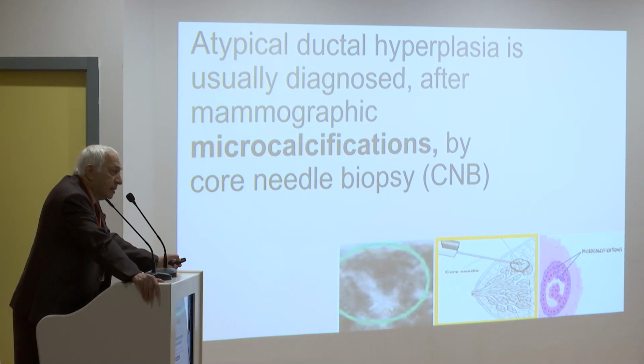Let's say that in core needle biopsy we have a diagnosis of atypical ductal hyperplasia. The next step is that we need real surgery. I need to remove the whole lesion, because in more than 20% we'll conclude finally that it wasn't only an atypical ductal hyperplasia, but it was an invasive cancer.